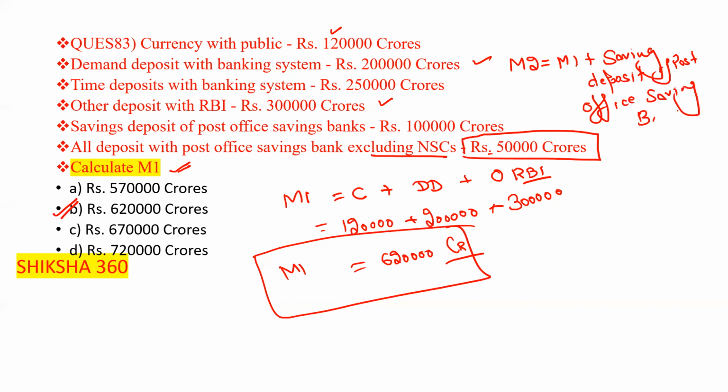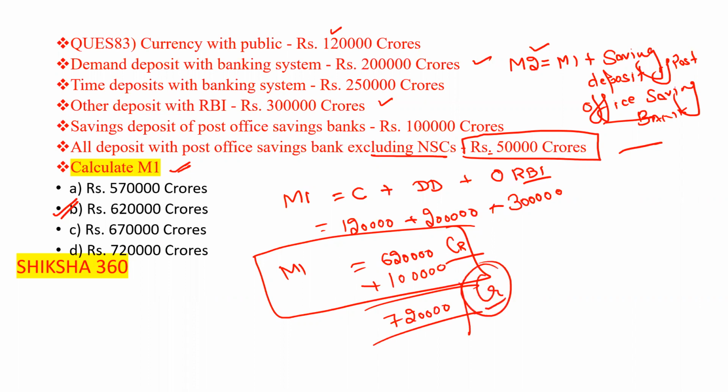So what is the saving deposit of post office saving bank? That is 1 lakh crore. We just have to add 1 lakh here. So it comes out to 7,20,000 crore.